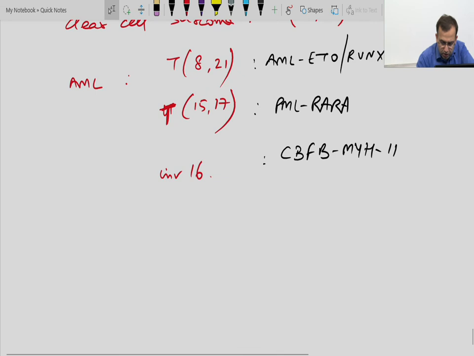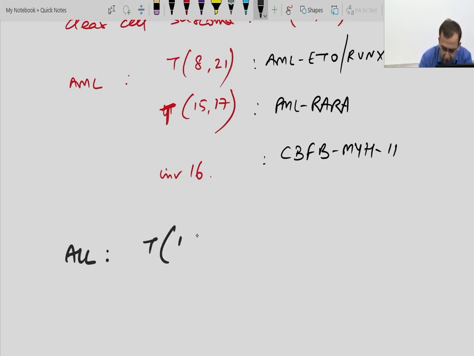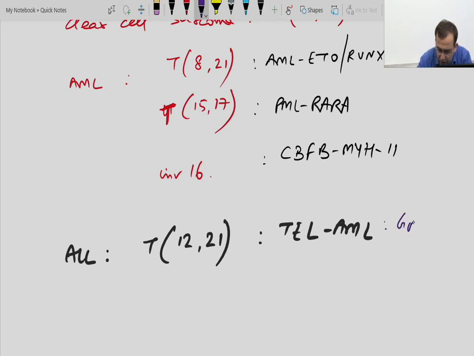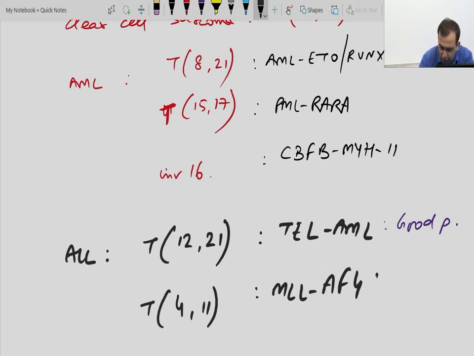You also know the two translocations associated with ALL, acute lymphoblastic leukemia: translocation 12;21, fusion transcript TEL-AML1, which is associated with a good prognosis, and translocation 4;11, fusion transcript MLL-AF4, which is associated with a poor prognosis.